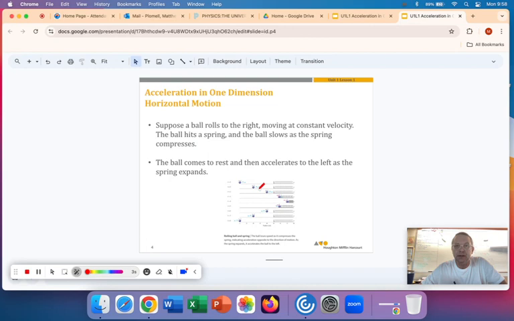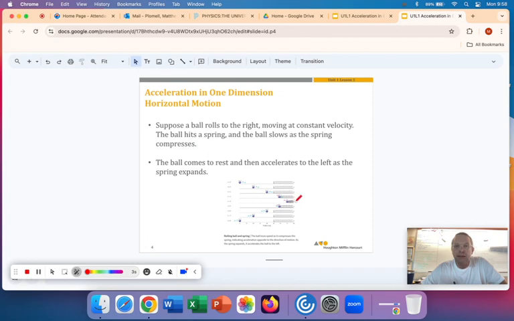There's the same distance between the ball. As the ball hits a spring, it slows down. So now we see less distance between the ball as it hits the spring, and the spring compresses.